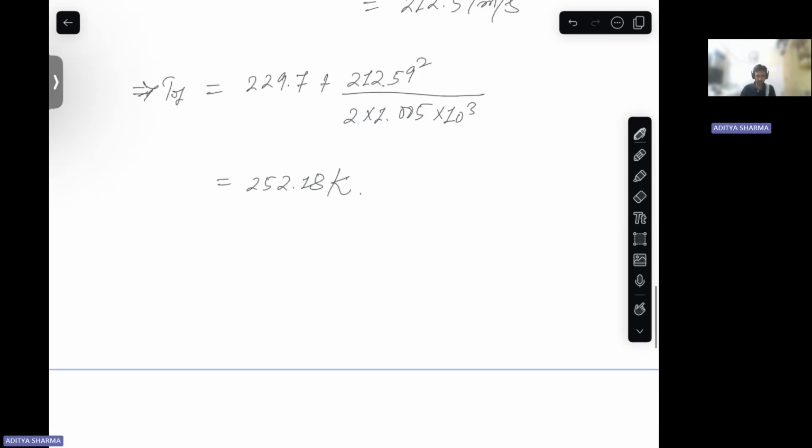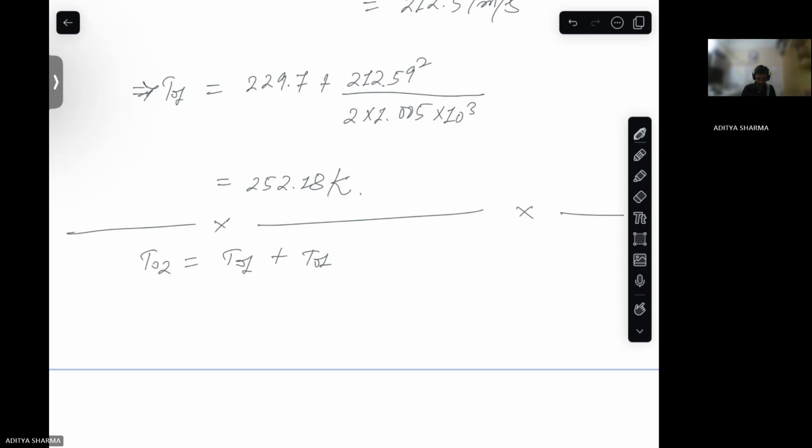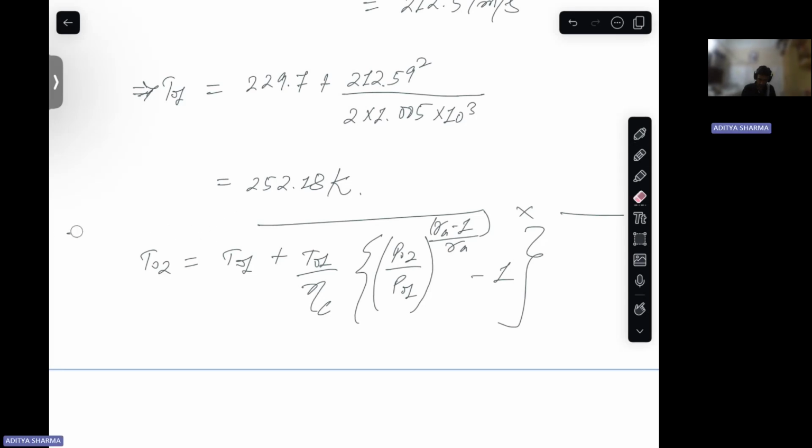Now, why we are doing all this? Because eventually, what we want is T naught 2, and for T naught 2, the formula is this: P naught 2 by P naught 1 to the power gamma minus 1 by gamma.